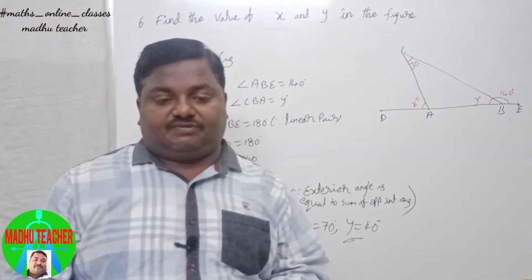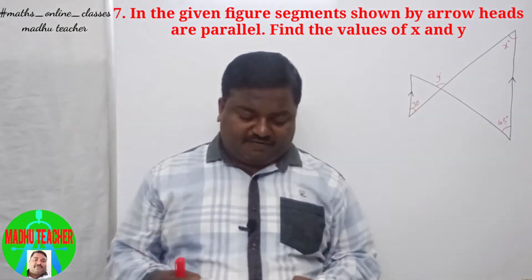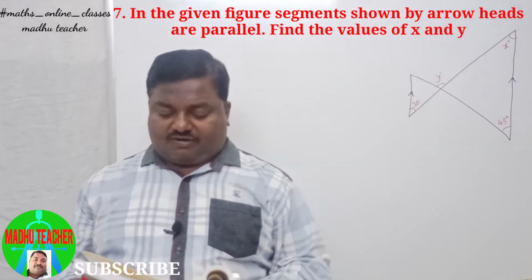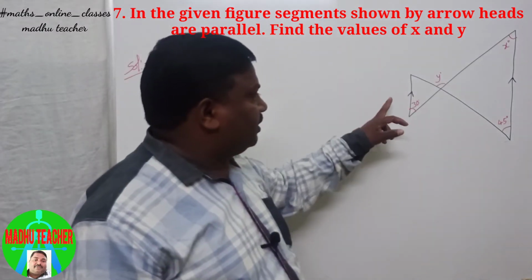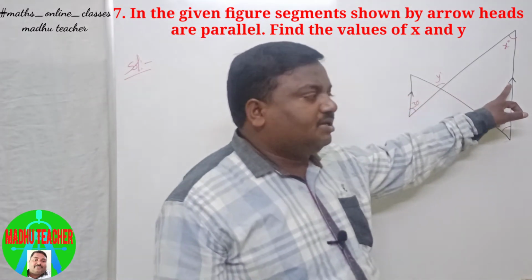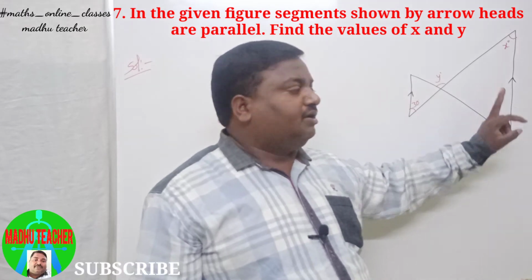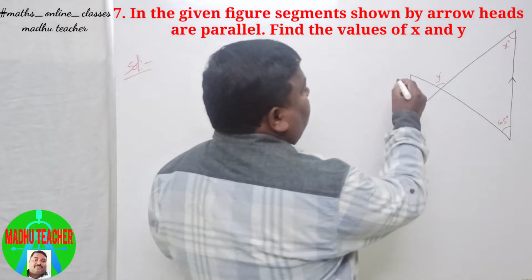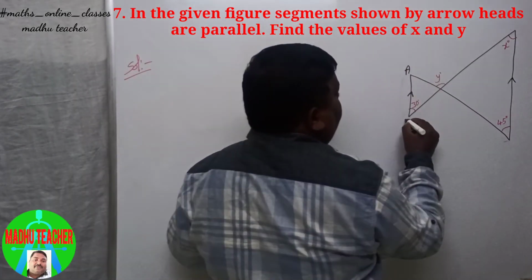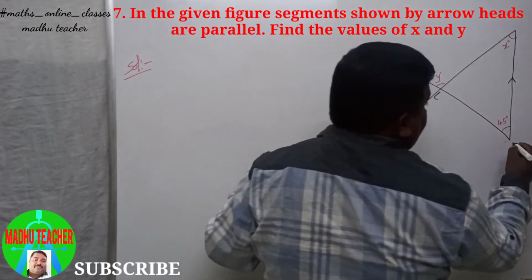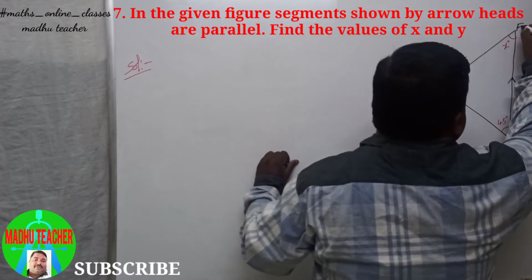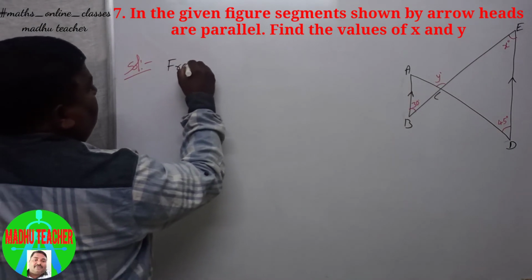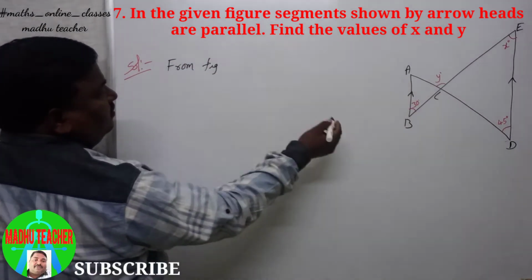Next, the seventh one. In the given figure, the segments shown by arrowheads are parallel. Find the values of x and y. Let us name the figure as A, B, C, D and E. From the figure, what is given?